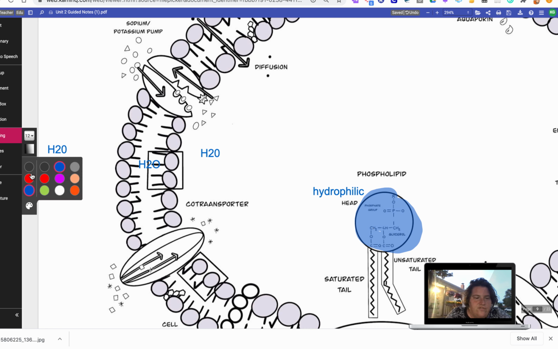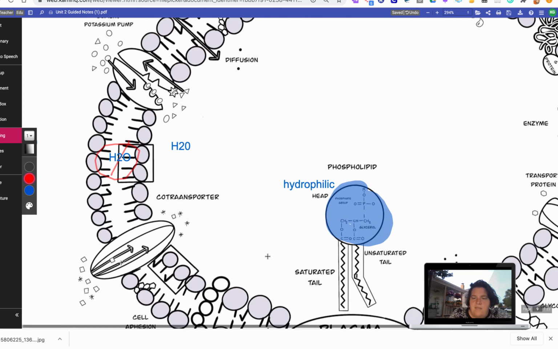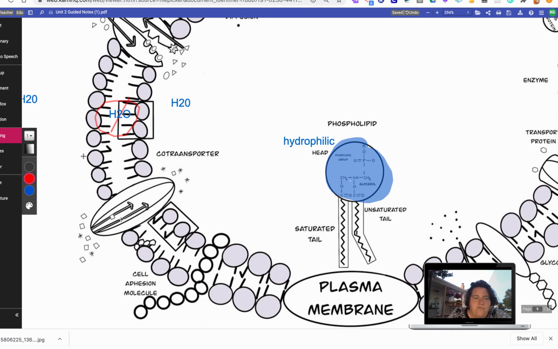So I can show that H2O is not found in that part. So the tails are hydrophobic.